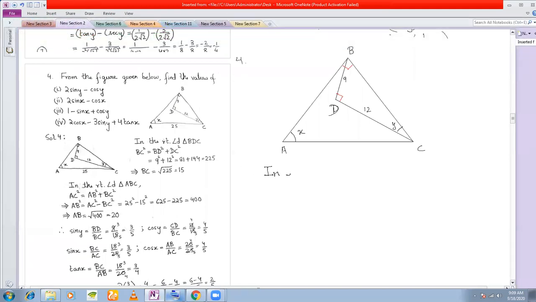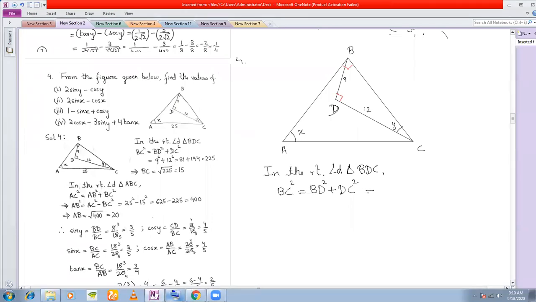So we find out the hypotenuse first. In the right angle triangle BDC, square of the hypotenuse BC square is equal to perpendicular square BD square plus base square DC square.